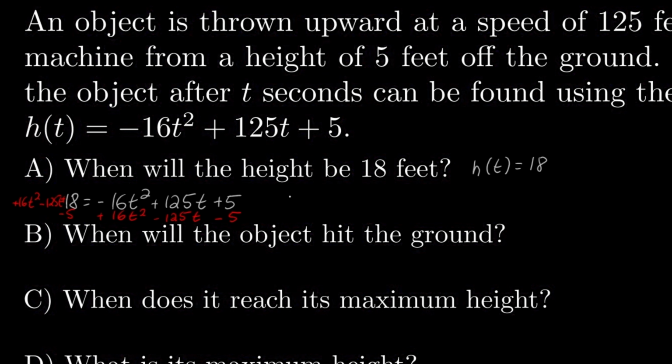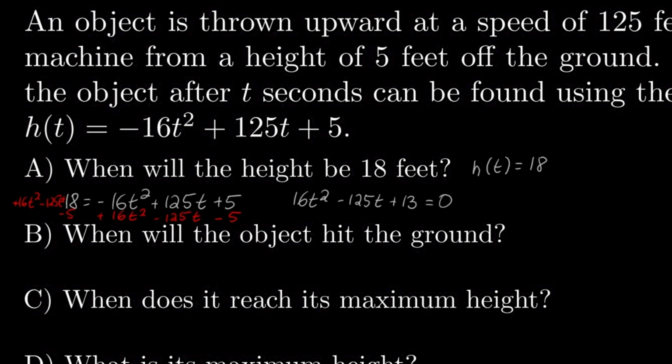So that's going to lead us to 16t squared minus 125t plus 13 equals 0. And now it's the matter of solving this quadratic equation for t, obviously acknowledging that t should be positive because it's time in our real-life situation.